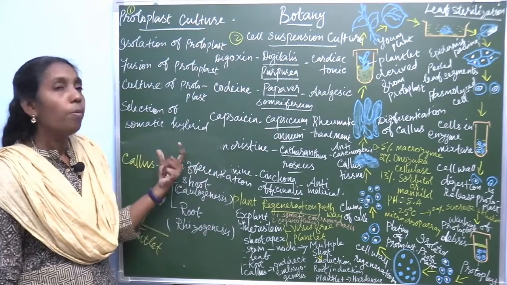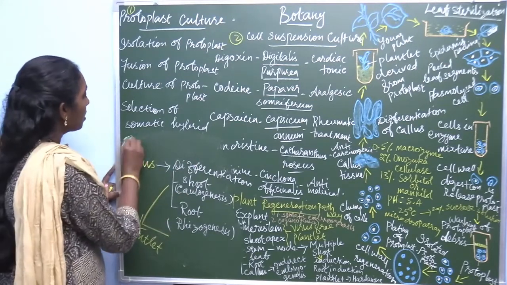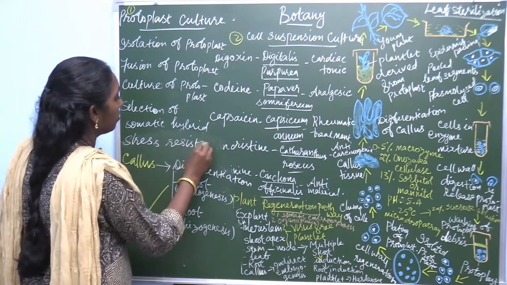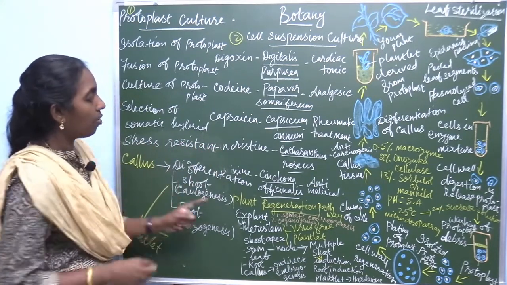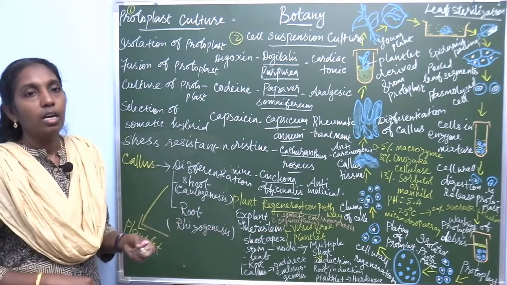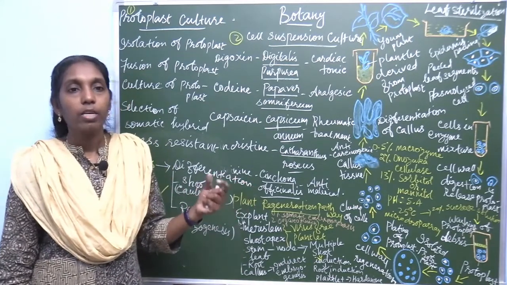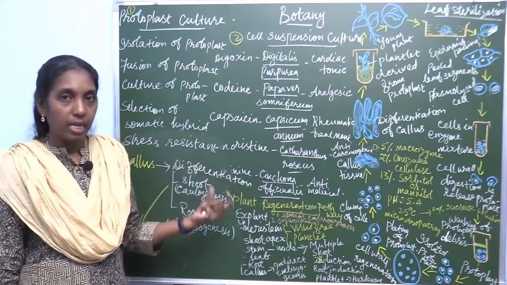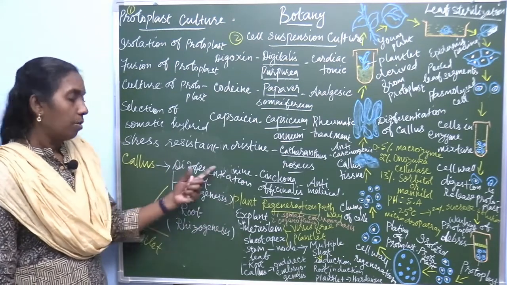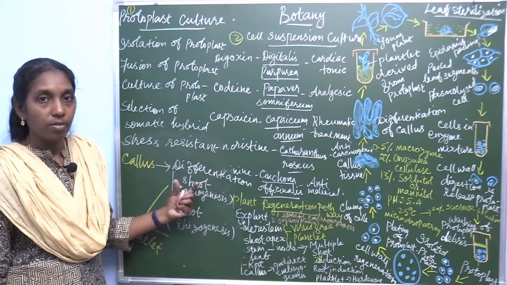Then so many stress resistant varieties are obtained, virus resistant variety, stress resistant variety, and it is also useful in forestry. With micropropagation, so many plants are developed to maintain forests. So, the application of this is very important.